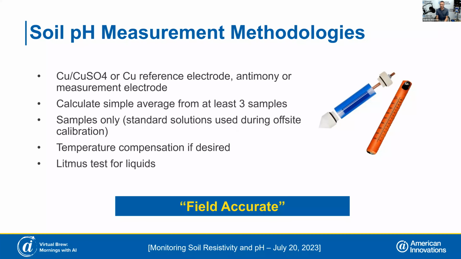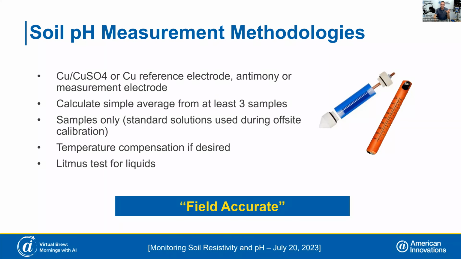The more field accurate measurement is what we're going to be using most often in the corrosion industry. And the picture there, you may be familiar with that device. This is an antimony reference along with a copper sulfate reference electrode. And these two materials are most commonly used for measuring that delta potential.